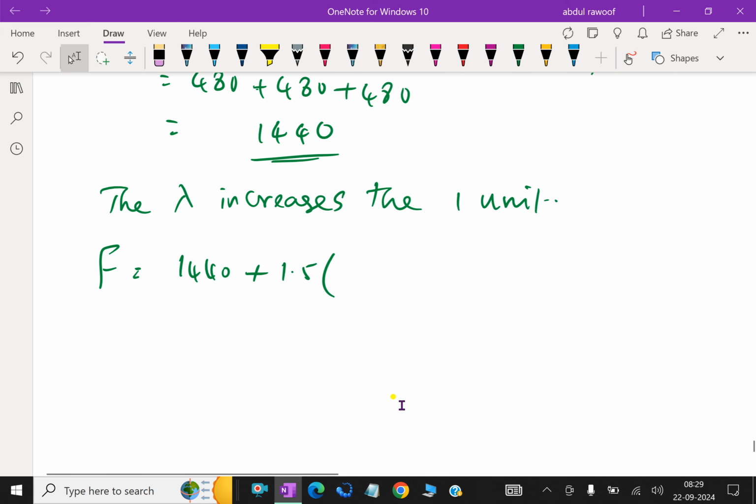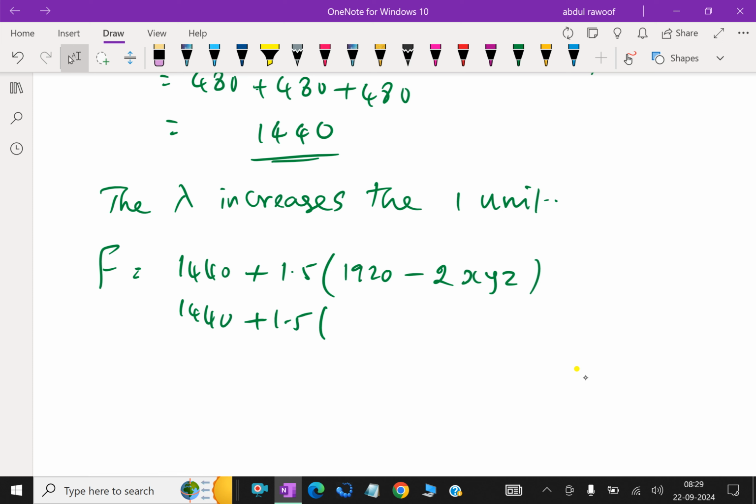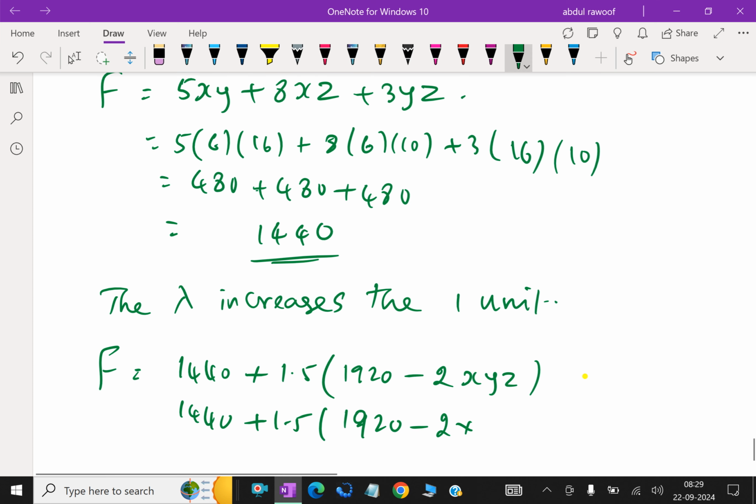There's more increase of that function, the constraint function 1920 minus 2xyz. So the value becomes 1440 plus 1.5 into 1920 minus 2 into, what is x?